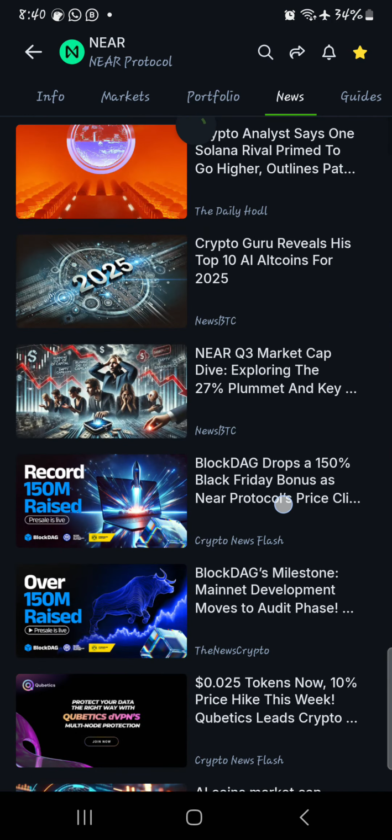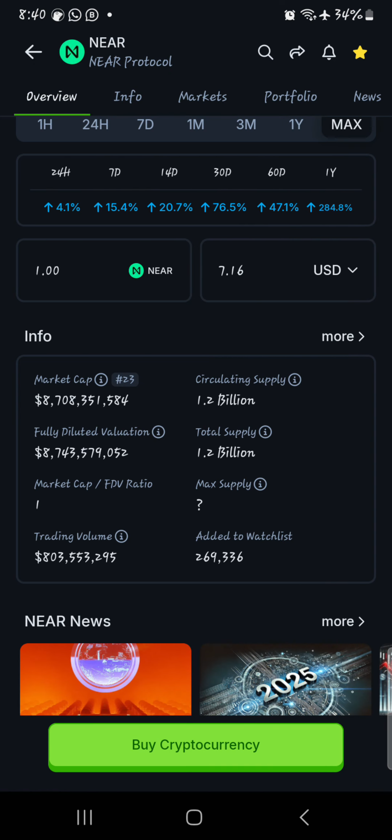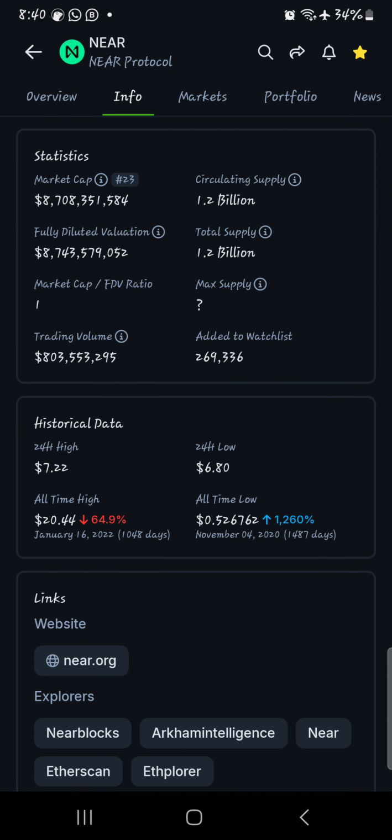So I'll check for their all-time high, 20, all-time low, 0.5. Currently they're at around 8, right? That's far from the all-time low, but market cap is already 8 billion.